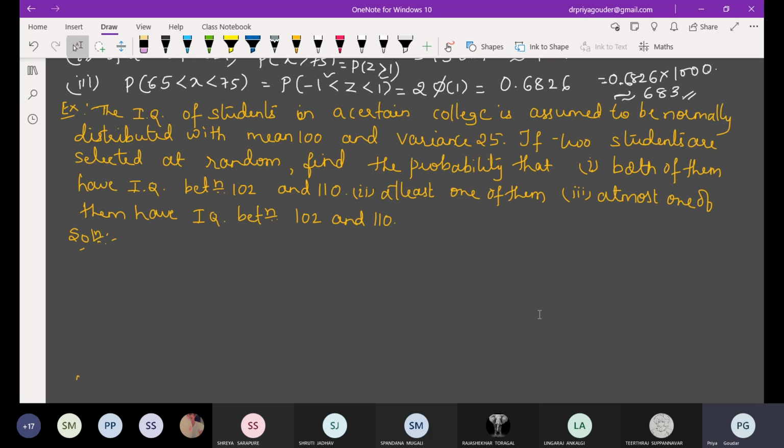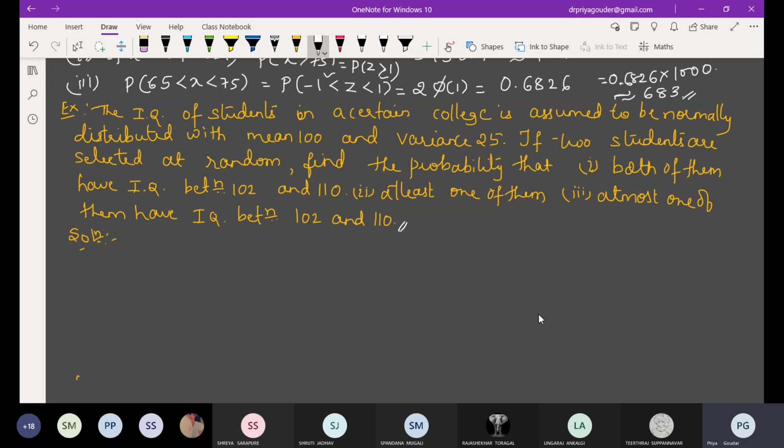If two students are selected at random, find the probability that both of them, at least one of them, at most one of them. For all these three conditions, what they have commonly asked is that they should have the IQ between 102 and 110.